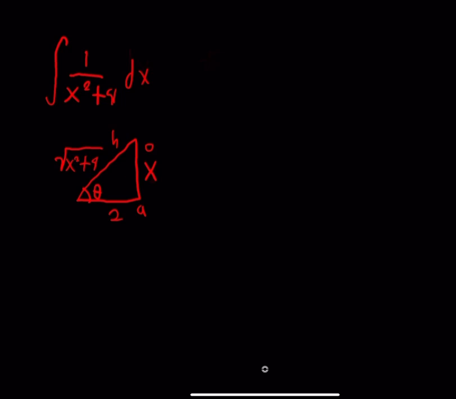Now for this, tangent theta is equal to opposite over adjacent is equal to x over 2, but let's move the 2 to the other side such that 2 tangent theta is equal to x. Now let's differentiate both sides. We're going to get 2 secant squared theta d theta is equal to dx. So we have our differential right here.